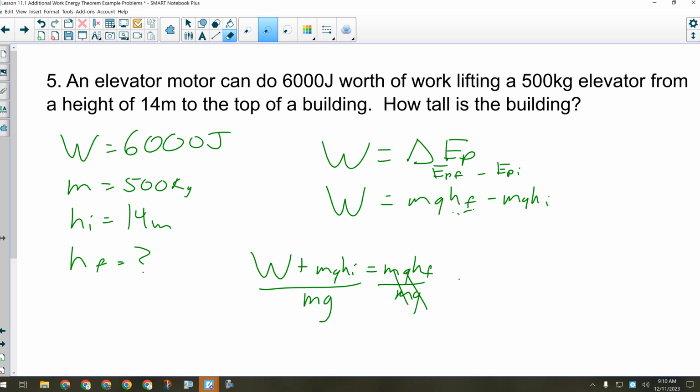Okay, now I'm calculating hf. So 6,000 joules plus 500 times 9.81 times 14, divided by 500 times 9.81.